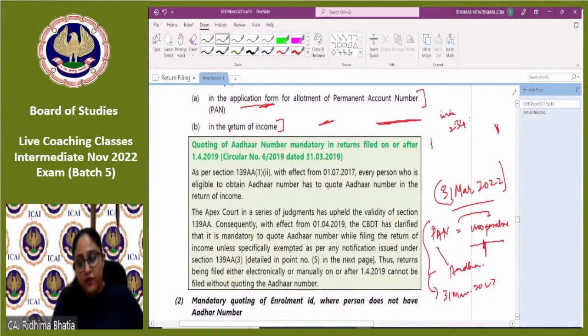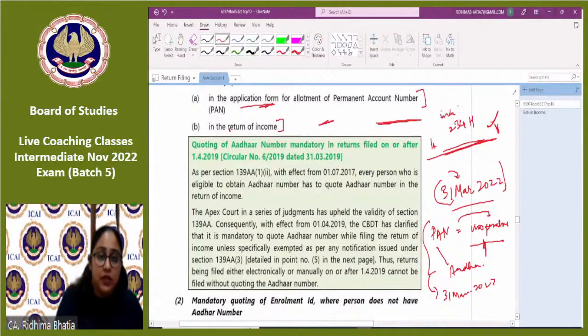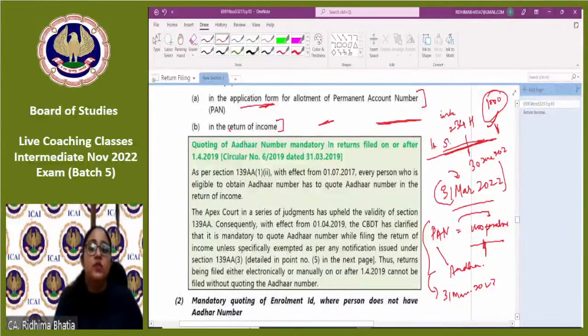It will become inoperative from 31st March 2023. The fees is 1,000. But if you had done it before 30th June 2022, which just passed, the fees was 500.